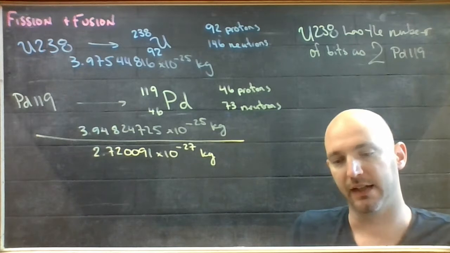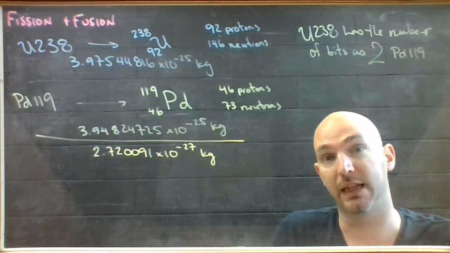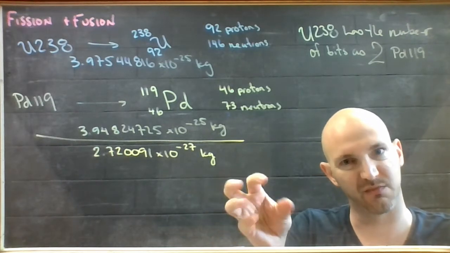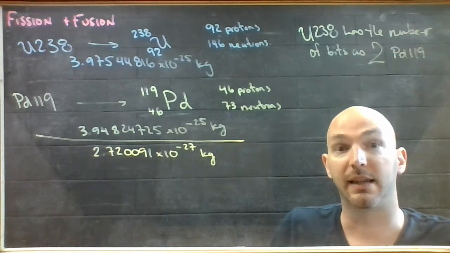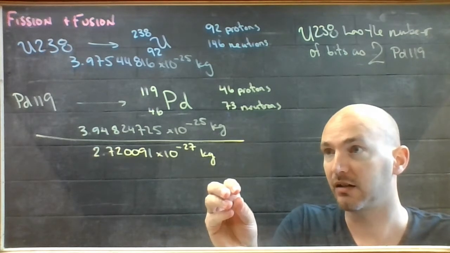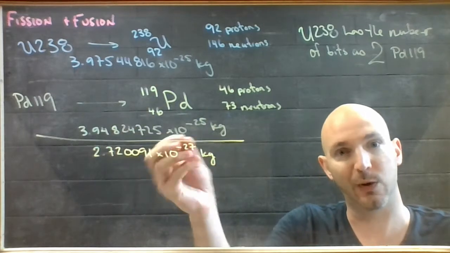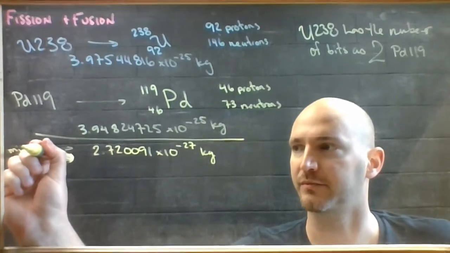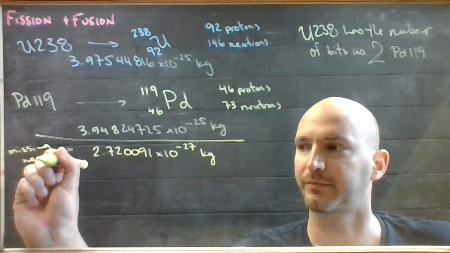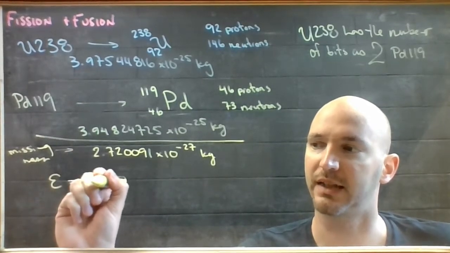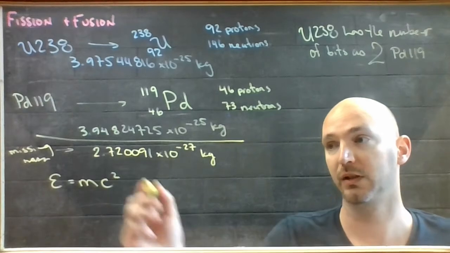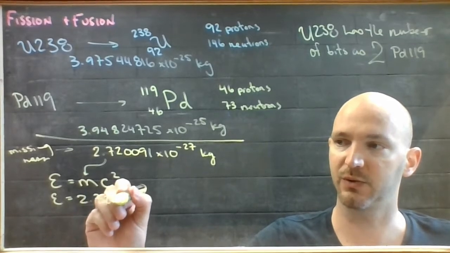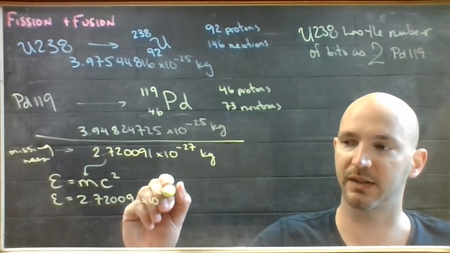Well, the idea here is that making these atoms, making these nuclei that are heavier and heavier and heavier, you had to put some energy in order to make them stick. And that energy that you use to make it stick is released when you unstick them. So this missing mass here ends up being converted directly into energy because you've let it go through this E equals mc squared thing. So 2.720091 times 10 to the negative 27.